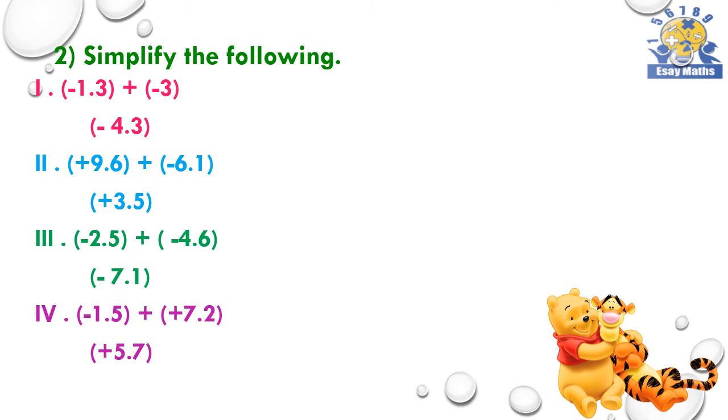Here the directed numbers have different signs. So at first we should find the difference of the numerical values. 7.2 minus 1.5, it's 5.7. And the sign of the greatest numerical value was positive. So the answer is positive 5.7.